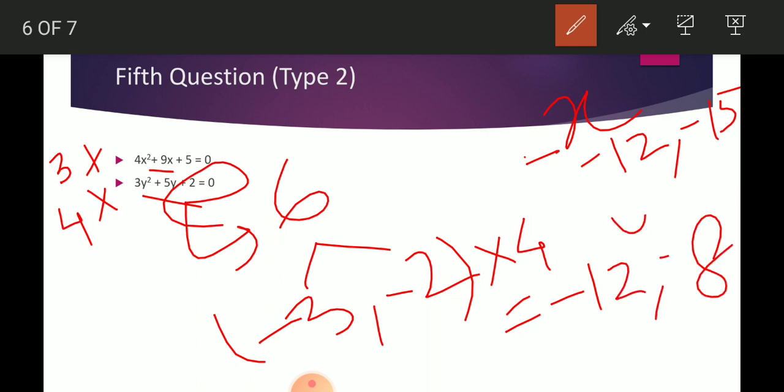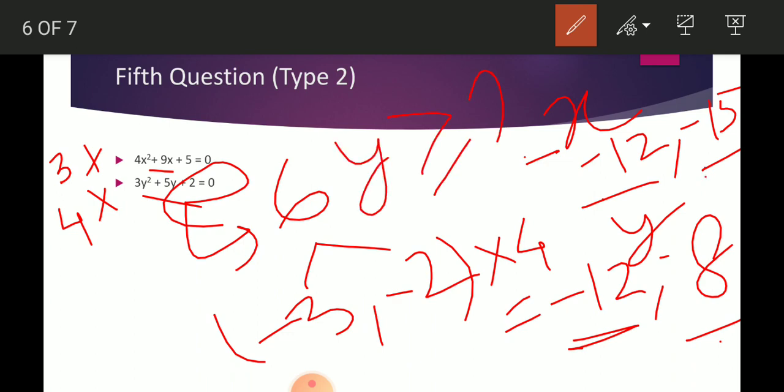Now these are our values of y. If we compare these two values, minus 12 is equal to minus 12 and greater than minus 15. Also minus 8 is greater than minus 12 and greater than minus 15, therefore we can say y is greater than or equal to x.